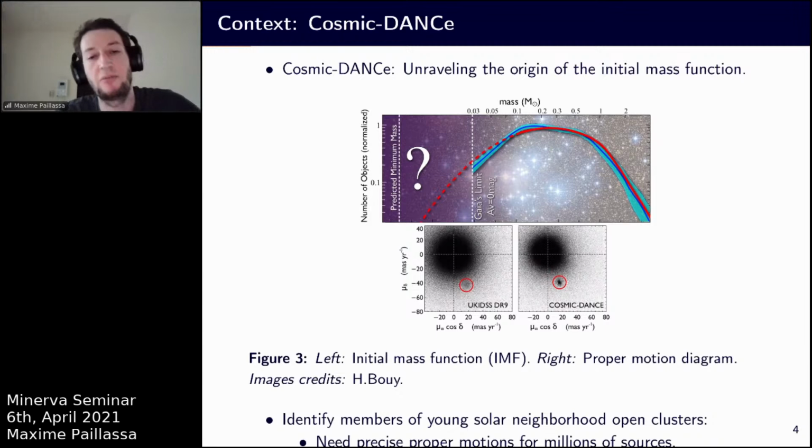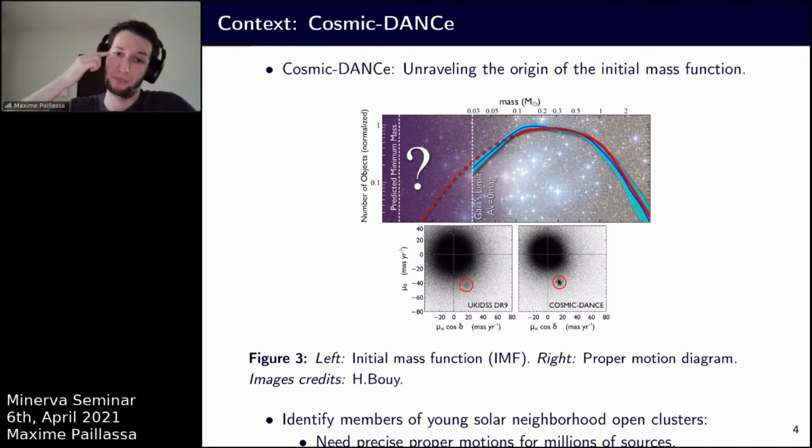One way to identify those objects is to use proper motions, that are the apparent motion of sources on the sky. And we can see here on those right ascension and declination diagrams that, for example, we can isolate members of the Pleiades because they share some proper motion compared to the stars of the field.